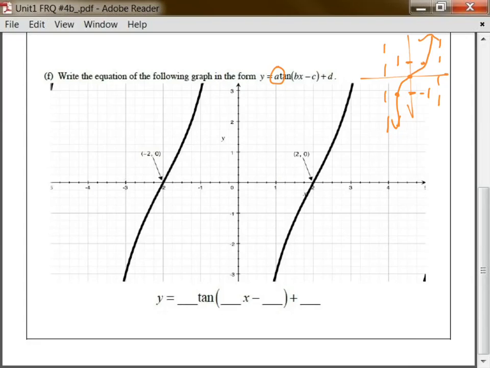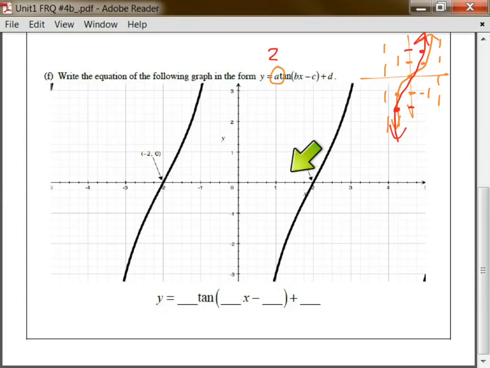Like take for example, if there was a 3 right there. No, let's not do a 3 since that's in the problem. Let's do 2. That would make this dot go up to 2, and this dot right here go down to -2. So then you would connect the dots like so. It kind of makes the line not as curvy.